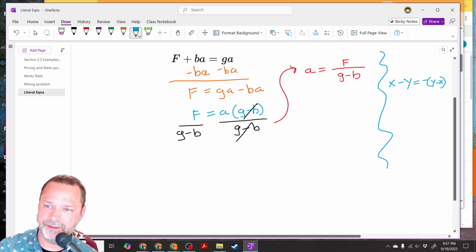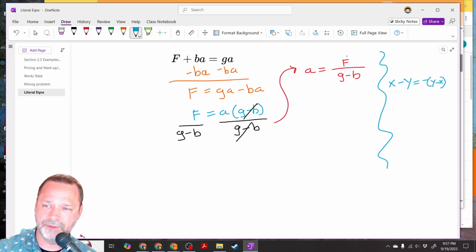So you could factor a negative out, move it towards the top or out in the front, and you could get negative F, and then just switch. Instead of G minus B, it's B minus G, because that can do it.